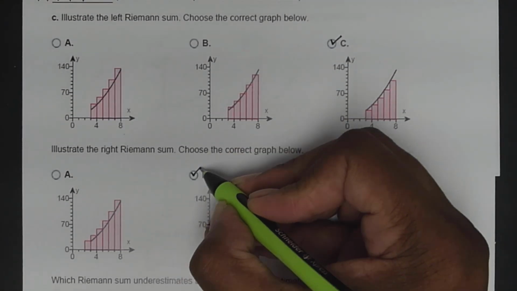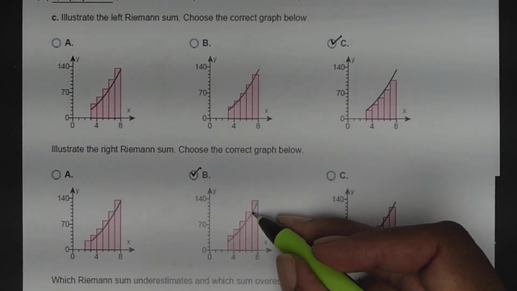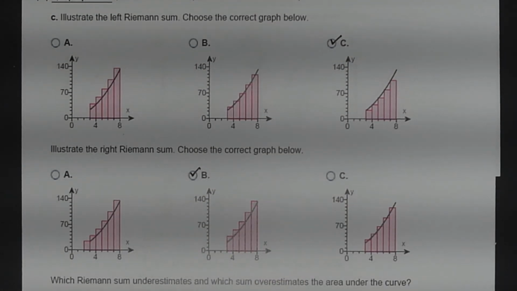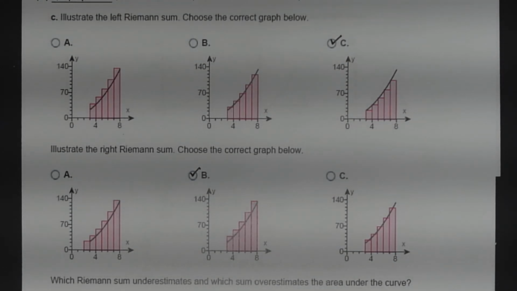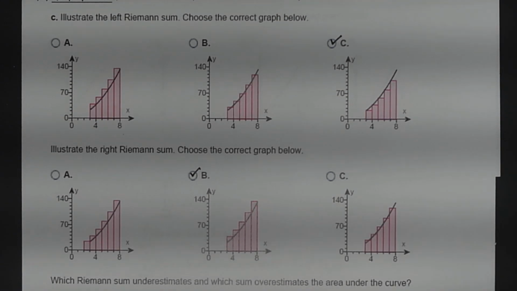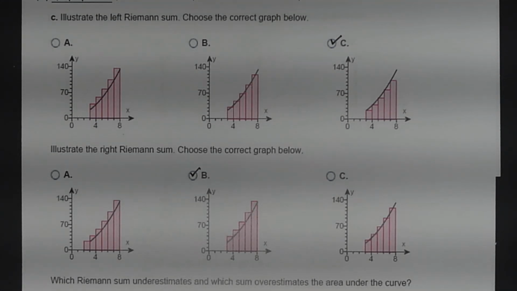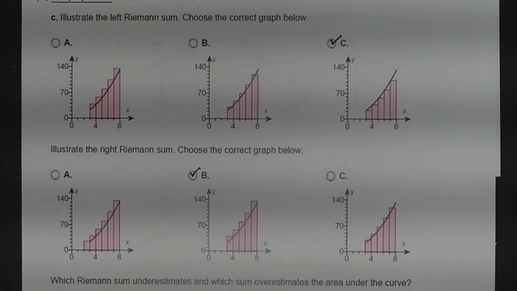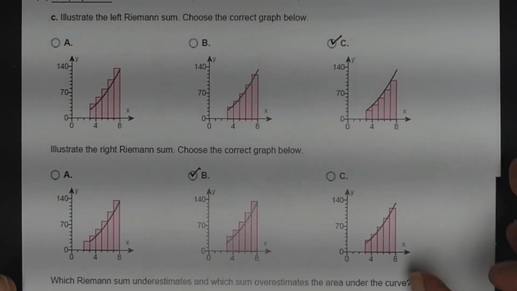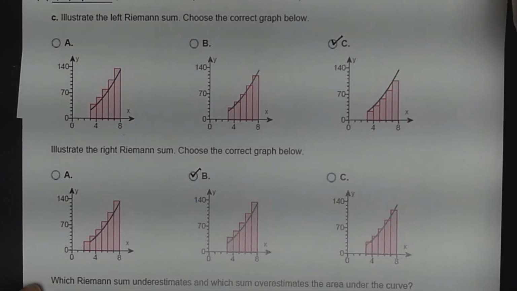So it has to be B, because you can see here the graph touches every right vertex of every rectangle from 3 to 8. Okay. So the next question is this.